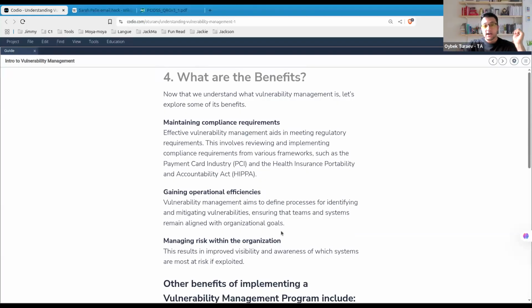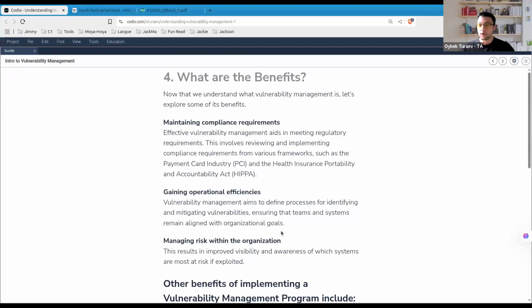Another benefit is maintaining compliance requirements. There are different organizations, for example HIPAA and PCI DSS, the payment card industry standard, which have specified requirements for vulnerability management.